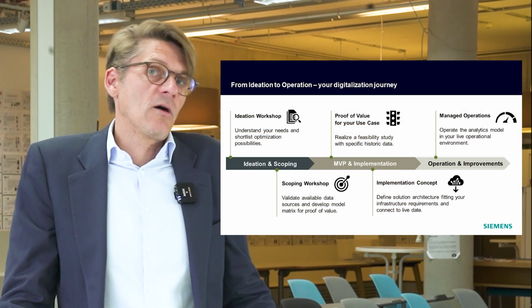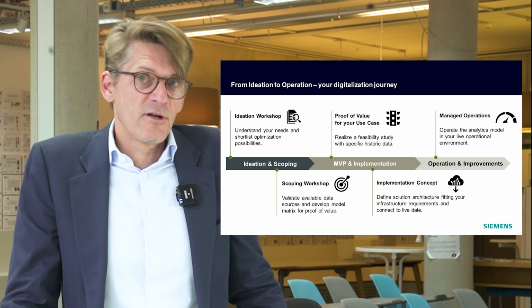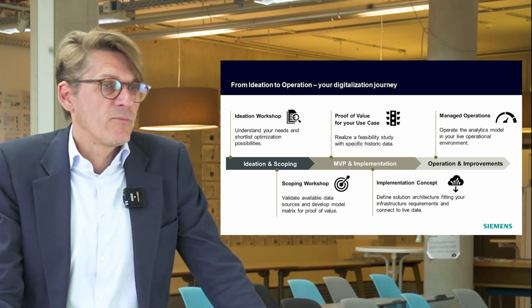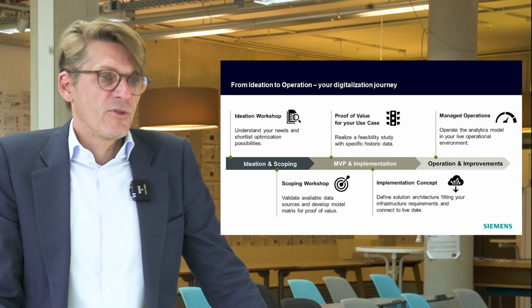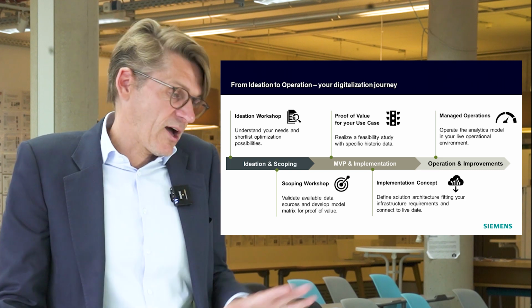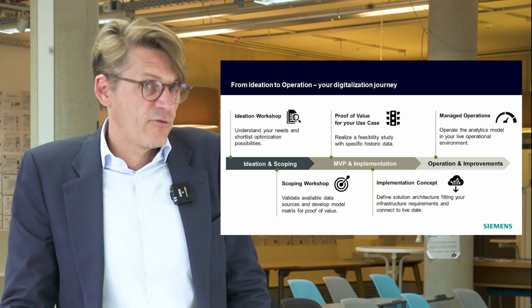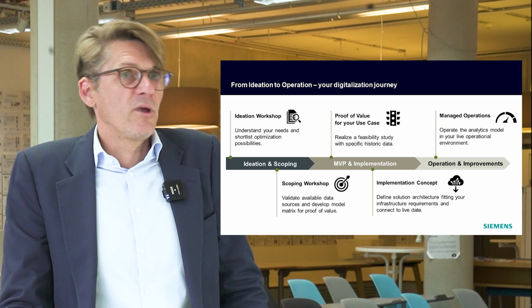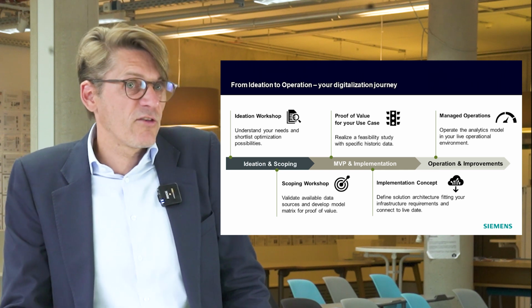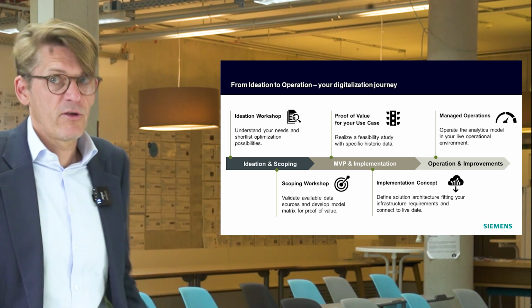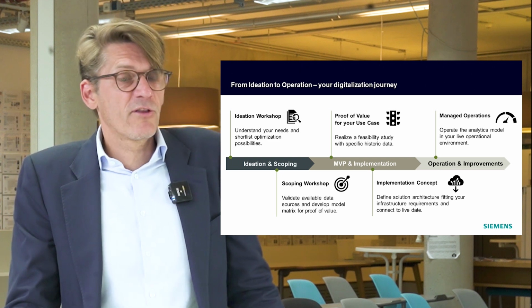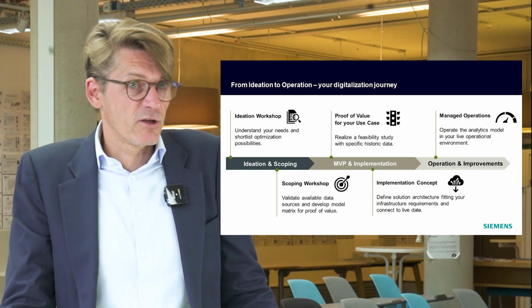When it comes to the implementation of an artificial intelligence model, it's not only the modeling of data. We start off typically with the identification of the use case. We calculate a business case out of that. So where are the merits or the potential merits of applying an artificial intelligence model?